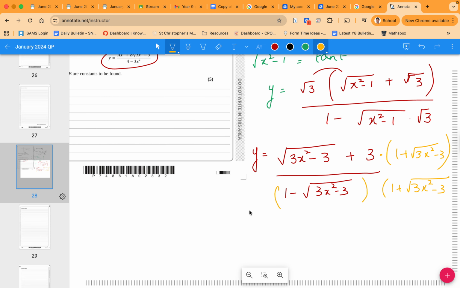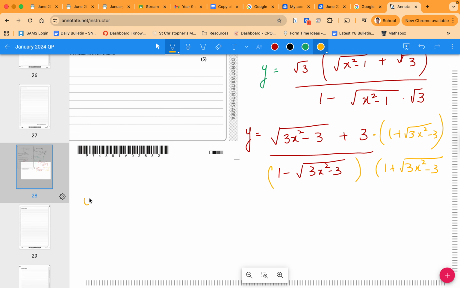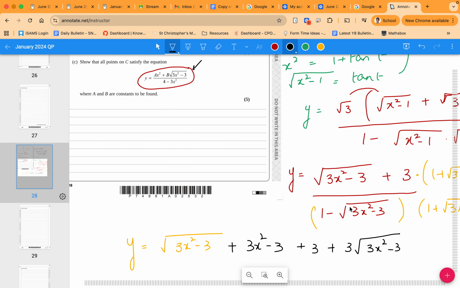Now when you open this up, we're going to slowly open it. So each term, that will be square root of 3x square minus 3, and then plus 3x square minus 3, because root times root will cancel out the roots, and then you have a plus 3, and then you have plus 3 times root of 3x square minus 3. Okay, I'm going to look at what we are trying to prove.